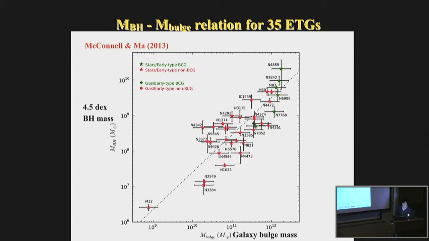And again, you can see that the two black holes we're publishing this year are above the relation. In fact, 1600 is about 10 times above the relation. The mean is about 0.2%: the black hole is about 0.2% of the host galaxy bulge mass. For 1600, the black hole to bulge mass ratio is about 2%.